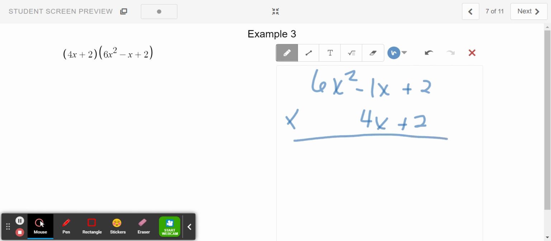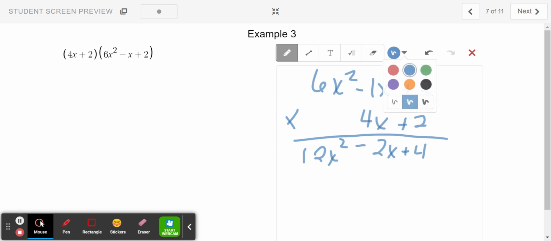The only thing is there's no regrouping. Like I'm not going to carry a 1 or whatever. So I'm going to do 2 times 2 is 4. 2 times negative 1x is negative 2x. And this was a positive 4. And then 2 times 6x squared is going to be 12x squared.